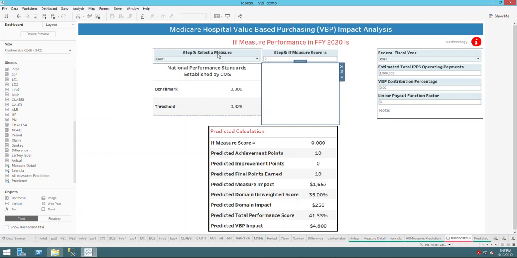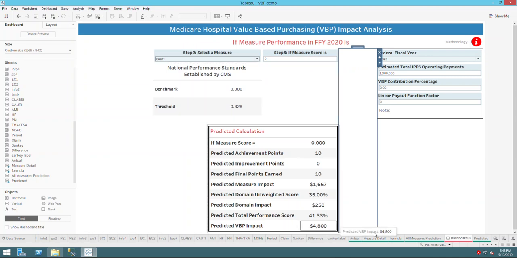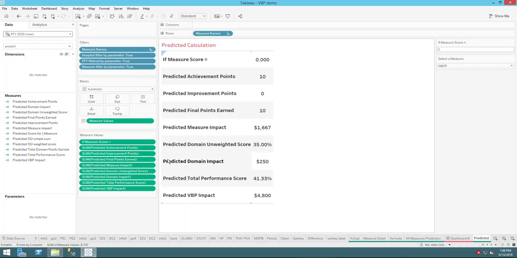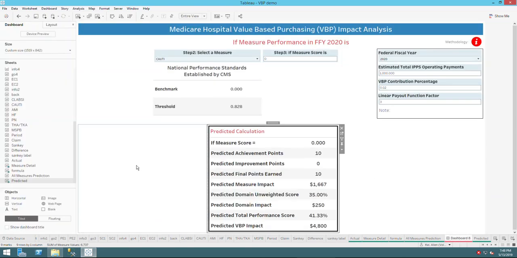There is more you need to understand to create this calculator: how to connect different fiscal years, what your hospital payment is, what the function factor means, and what the contribution percentage is. So make sure you review the methodology first, and then try to create this calculator. There are also a lot of Tableau techniques here on level of detail that you need to understand in order to create this calculator.